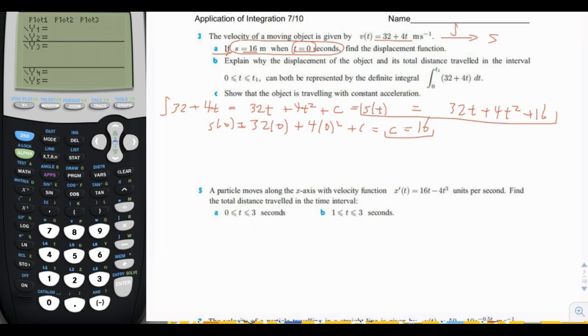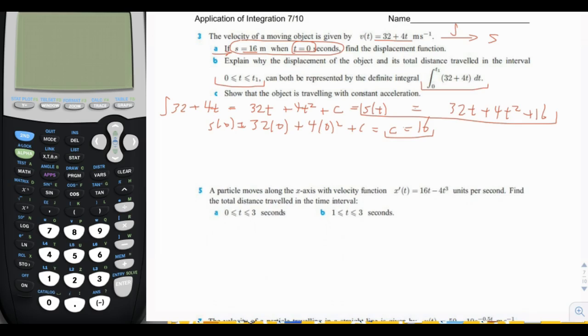Explain why the displacement of the object and its total distance traveled in the interval 0 to t1 can be represented by the definite integral from 0 to t1 of 32 plus 4t. Remember that complex procedure we had to discover the total distance traveled. And the total distance traveled is complicated because sometimes an object changes direction of velocity.